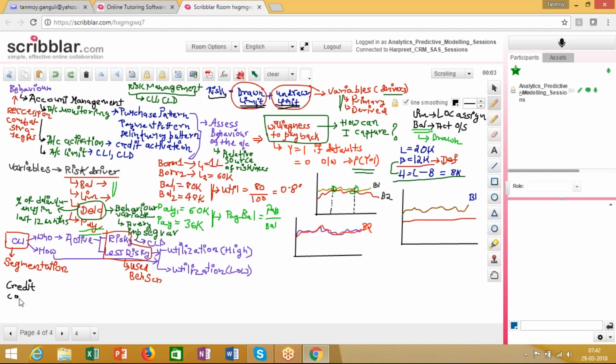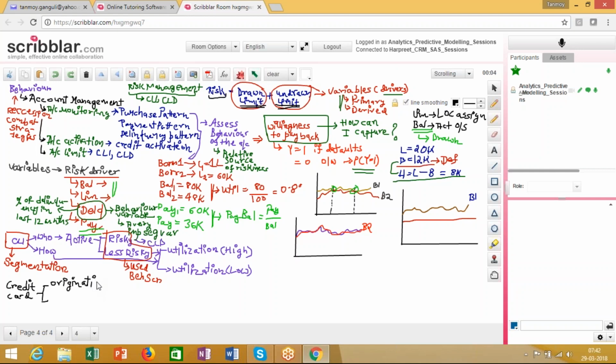We had an overview about it, and after that, the next thing that we brought in was the application scorecards. What are the key sources of risk at origination for a credit card? And what are the sources of risk for credit cards at the account management stage? So these are the two important things that we had explored till now for one product, the credit cards.